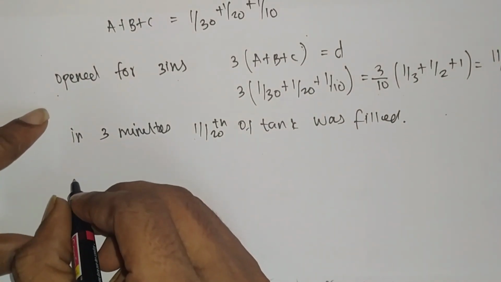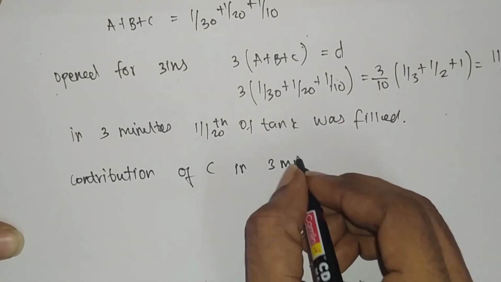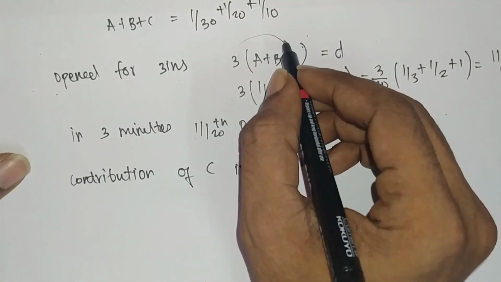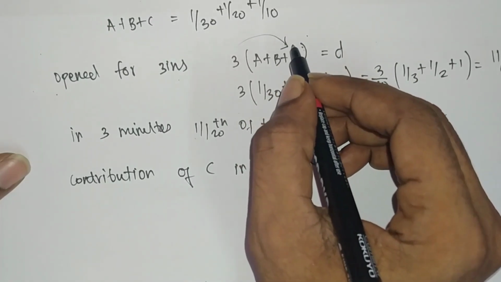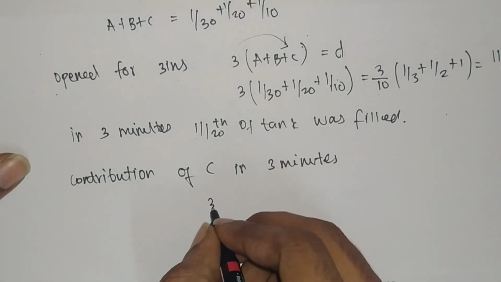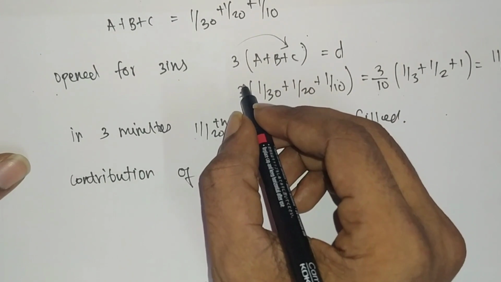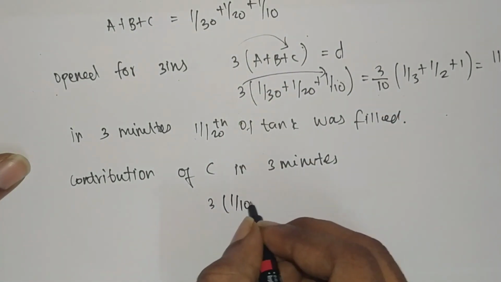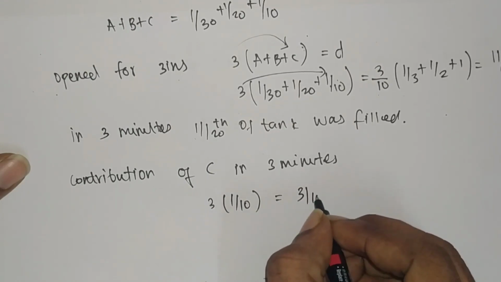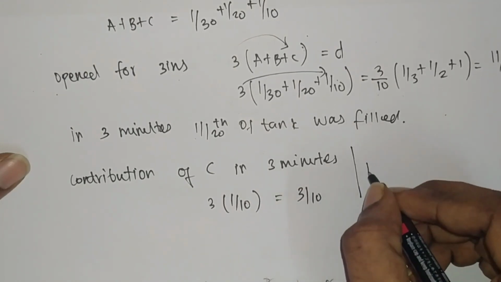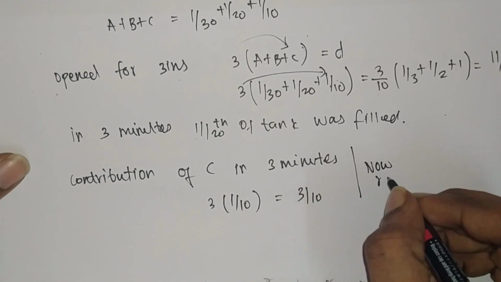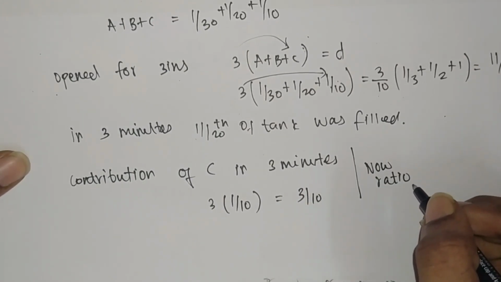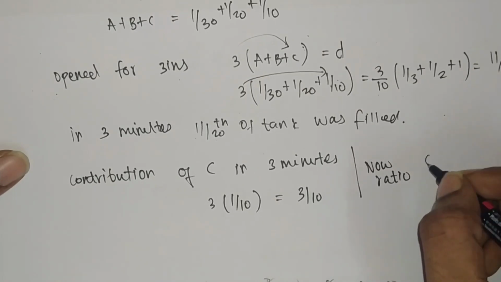Now let's see the contribution of C in 3 minutes, which is directly 3 into C. Three into 1 by 10 is 3 by 10. Now we need the ratio for C with respect to A, B, C together for 3 minutes.